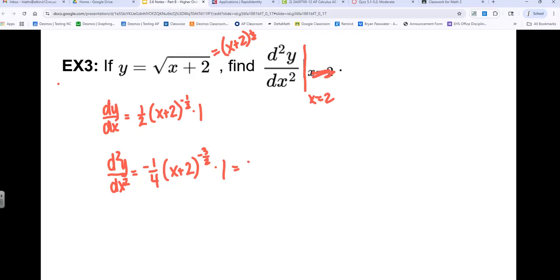So I'll have negative 1/4 times x plus 2 to the 3/2. And then I would probably even do this, negative 1/4, and change it back to the square root of x plus 2 cubed, like that.